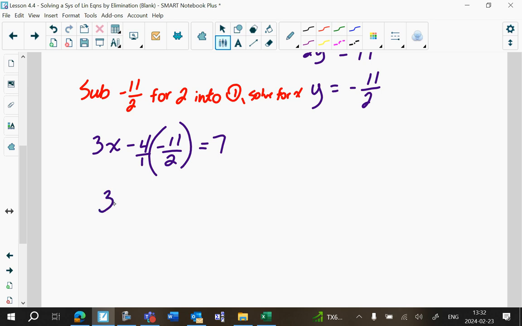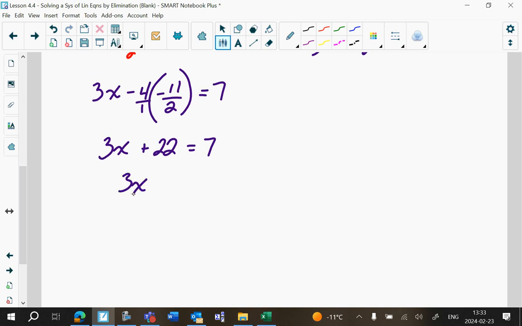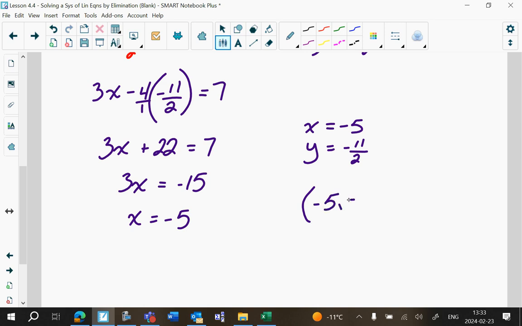So 3x plus 22 is equal to 7. Next, subtract 22 from both sides and you get 3x is equal to negative 15. Divide both sides by 3 and you get x equals negative 5. So your solution to this system is negative 5 for x, negative 11 over 2 for y, or if you want to write it as a coordinate, negative 5, negative 11 over 2.